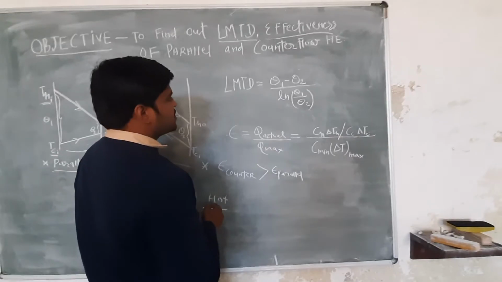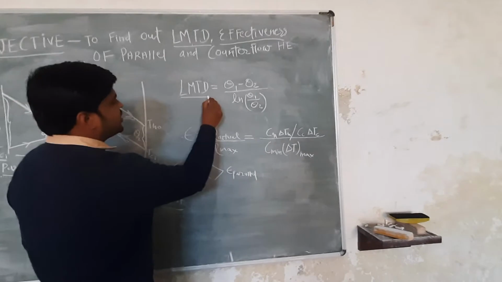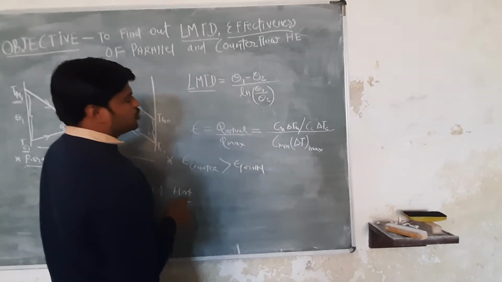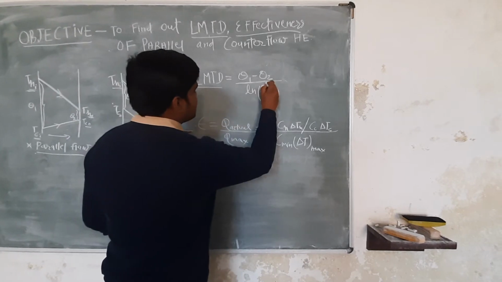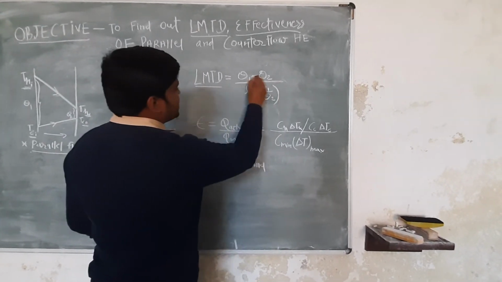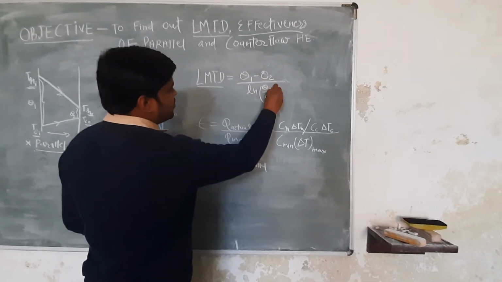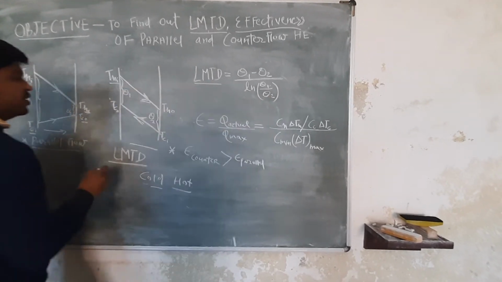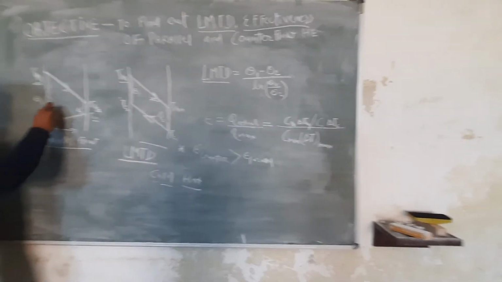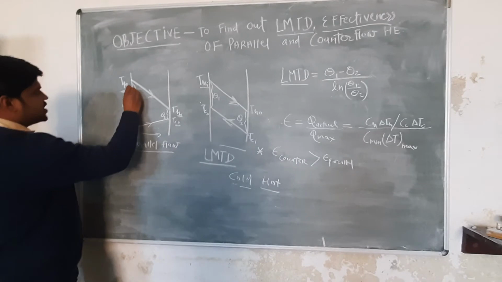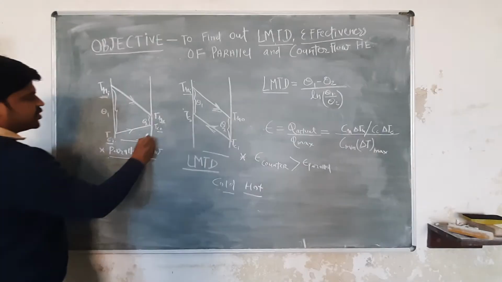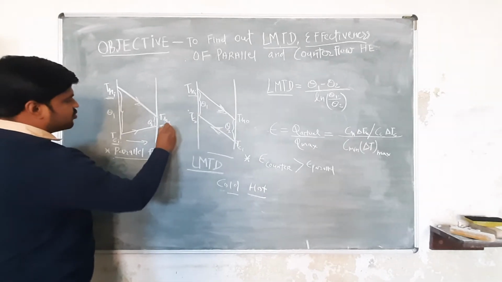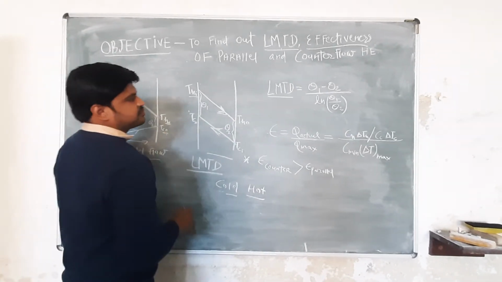So there is no difference in the formula for finding out the LMTD. The LMTD for both will be the same. It is given mathematically by theta 1 minus theta 2 upon ln theta 1 upon theta 2. So theta 1 will be the difference between the hot water inlet and the cold water inlet, and theta 2 the difference between hot water outlet and cold water outlet.